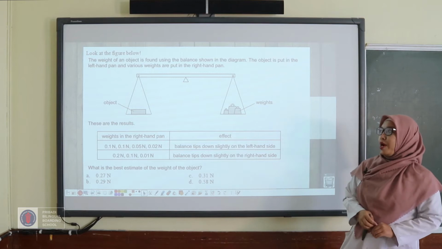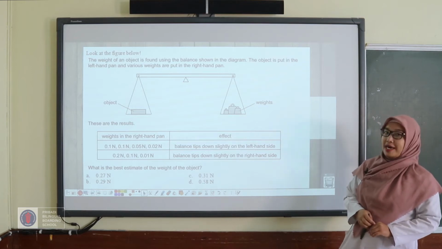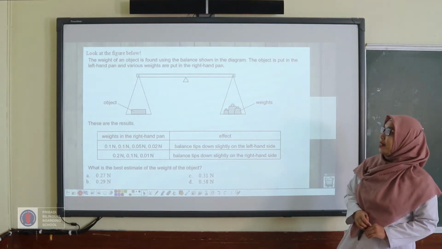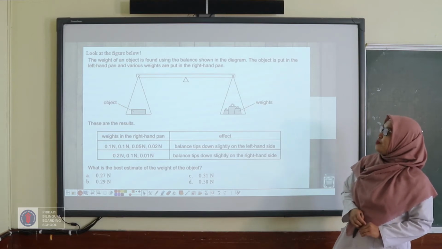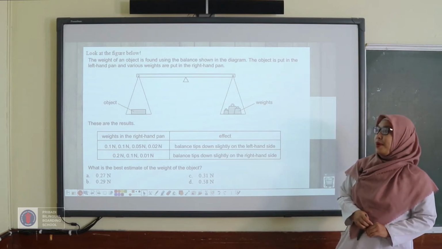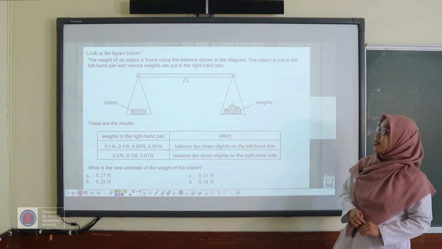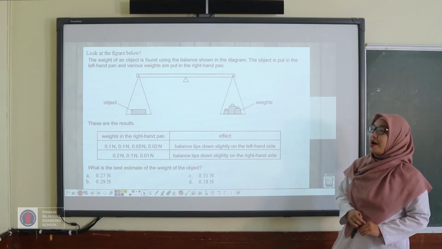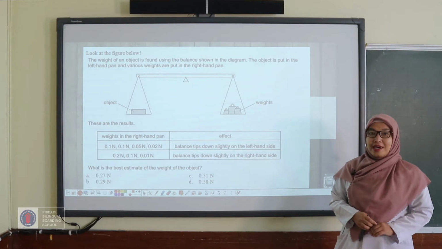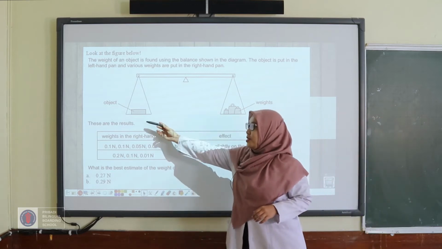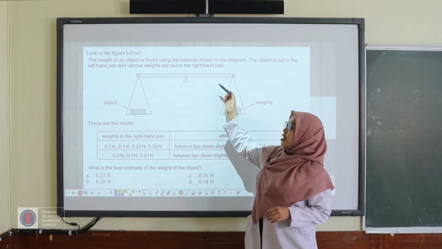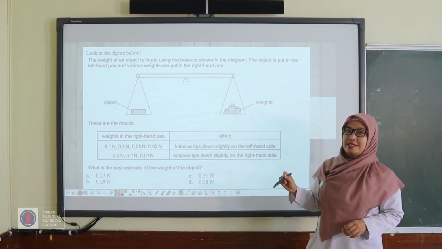Question number 1. The weight of an object is found using the balance shown in the diagram. The object is put in the left hand pan and various weights are put in the right hand pan. Let's consider that a student wants to measure the weight of this object and she uses an equal arm balance.